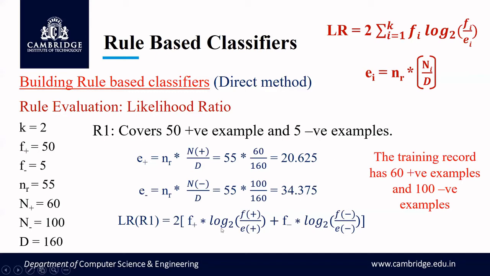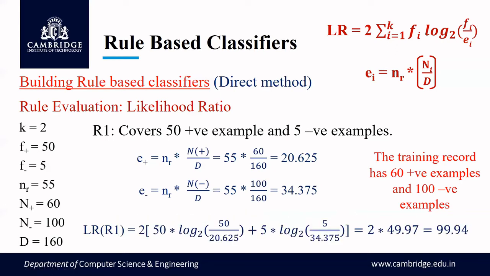Now when I substitute the values, in place of F plus I substitute its value, and in case of E plus I substitute its value, which is 20.625. Similarly, with respect to the negative frequencies, F minus and E minus. Finally, I get the value to be 99.94. So the likelihood ratio value for R1 is 99.94.